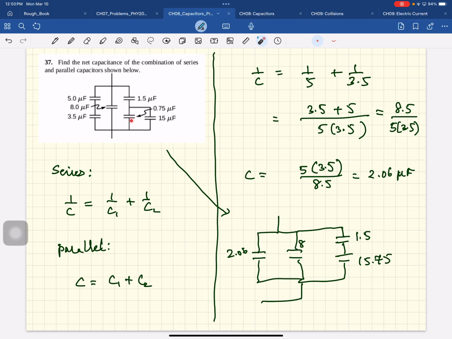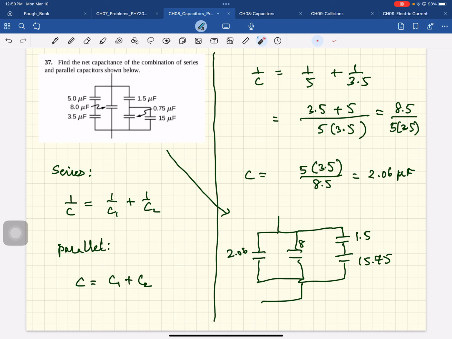Just start repeating, one loop at a time. You have to have a clean series or parallel. So these two are parallel, these two guys are in series, and this effective one is in parallel with that. Because if this was like an energy thing, then we would be redirected by going straight from 1.5 to the 0.75.